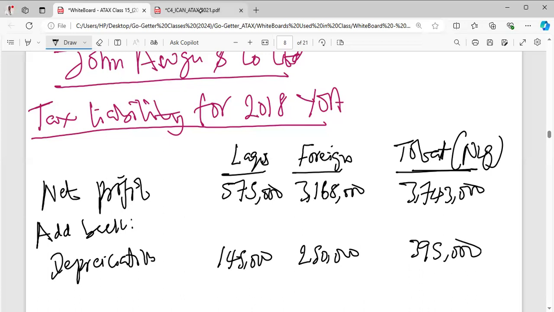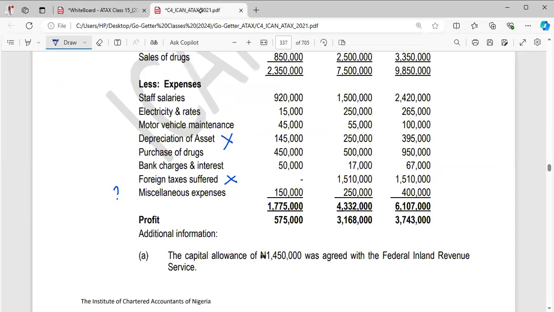What again are we adding? We are going to add back the foreign tax suffered, because I said before, the foreign tax is allowable expense. But what are we looking for when we are doing our add backs? We are trying to know our assessable profit, which is the assessable profit before you paid your tax.